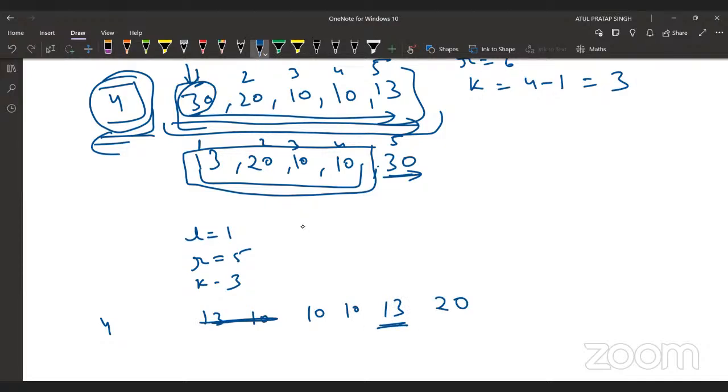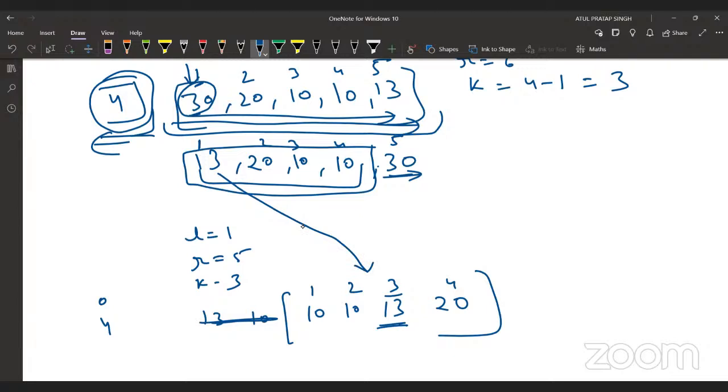So this is at 0 index, and now we are coming here: 1, 2, 3, 4. Now the lower is 3, then our pivot element comes at this 3 index.